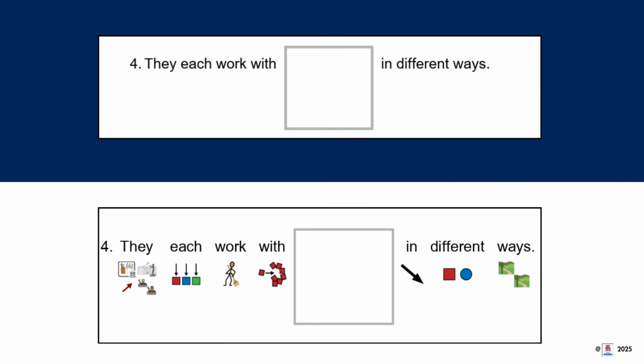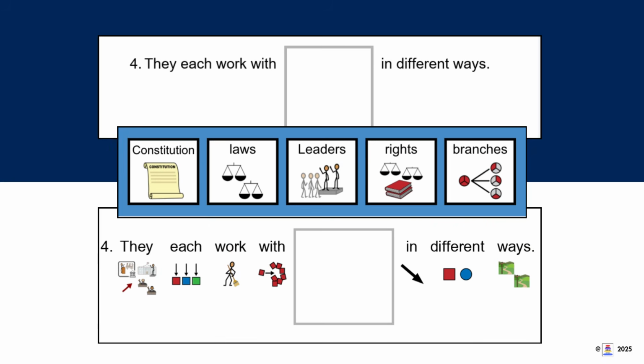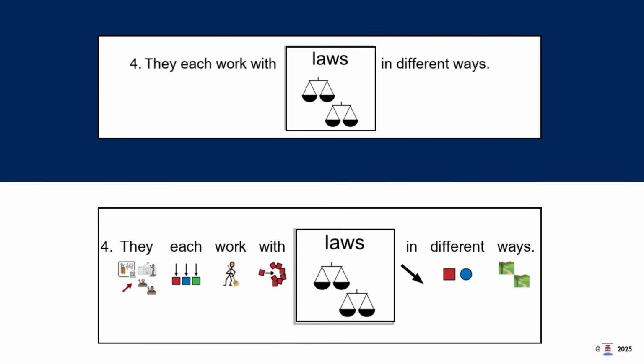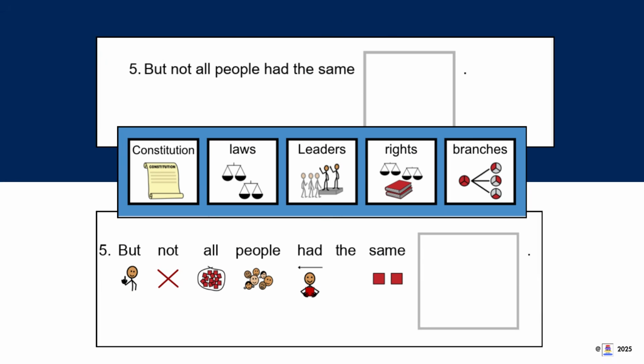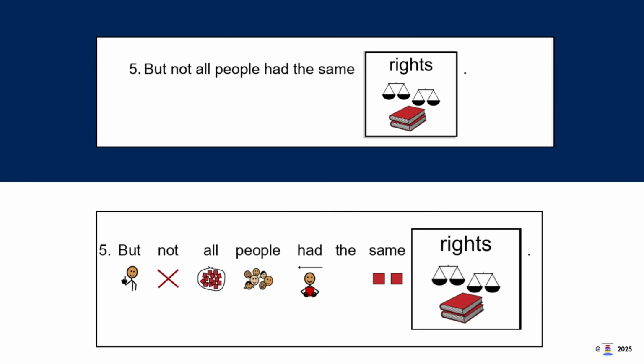Next, number 4. They each work with blank in different ways. They each work with laws in different ways. You are doing great, students. Last question. Number 5. But not all people had the same blank. But not all people had the same rights.